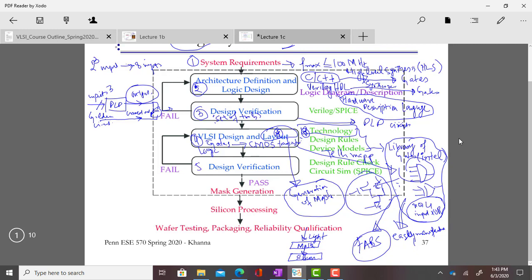The fifth step is again verification, design verification. So what is the difference between design verification at step 3 and at step 4? In step 3, your design was a logic design.